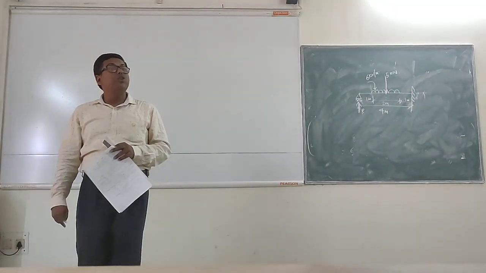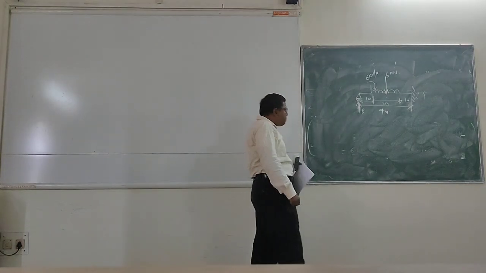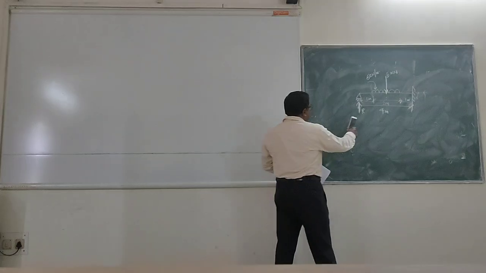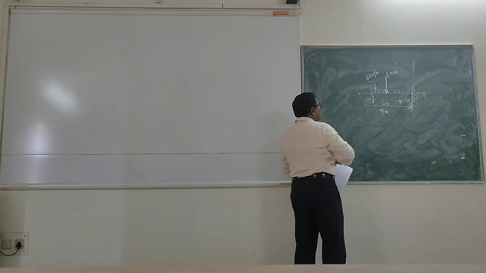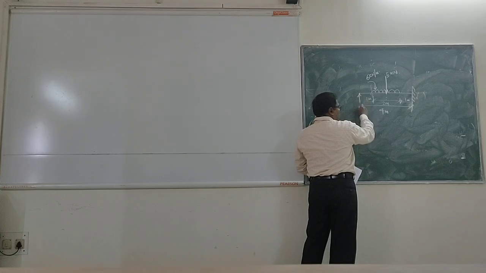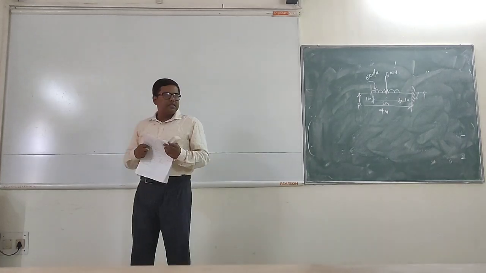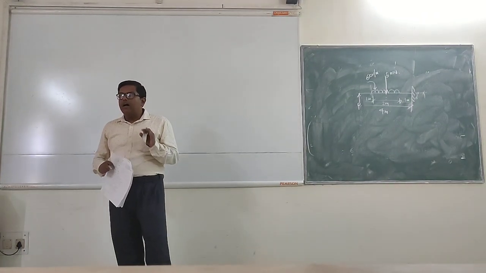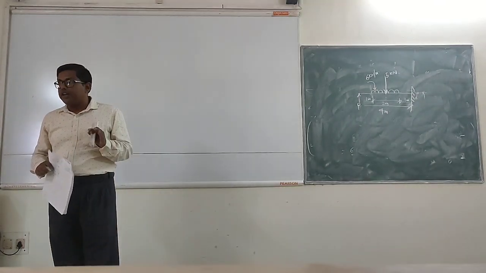So how will you approach? If I want to solve this problem using Macaulay's method, I will replace this support with a reaction or load, let's say P. Then I will have to write down the equation of deflection, right?